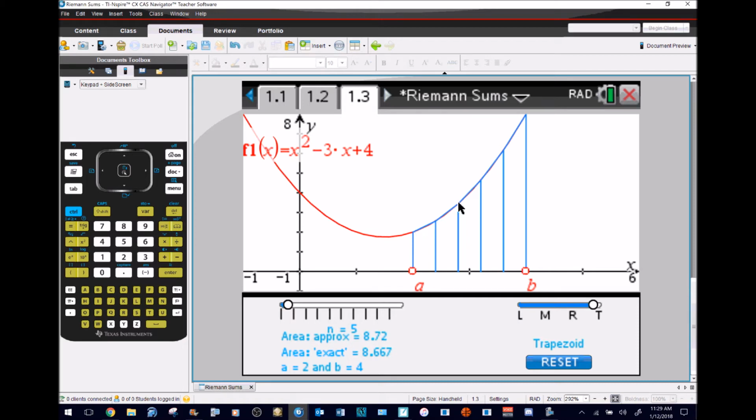Now, if you compare that to a right Riemann sum, which is what I have when I dial this back to the dark blue, these are right Riemann sum approximations, as opposed to the left Riemann sum approximation, where we cap off each rectangle on the left side. And while we're here, I could slide this over to midpoint, and you can see the midpoint approximations.